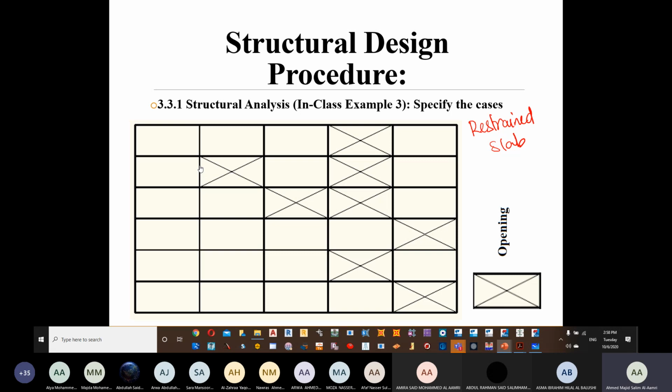Are we clear? Bushra, you have understood the meaning of simply supported? Simply supported was fine.